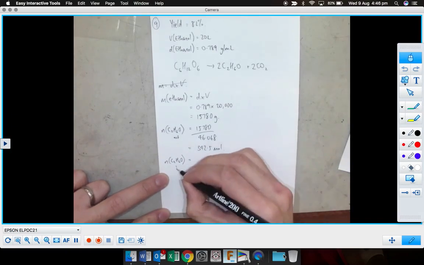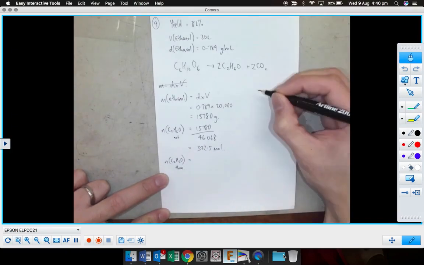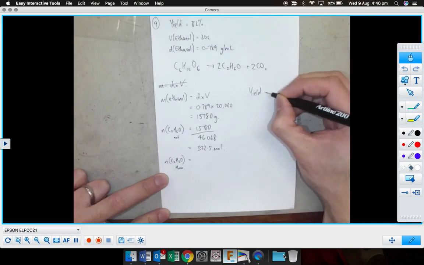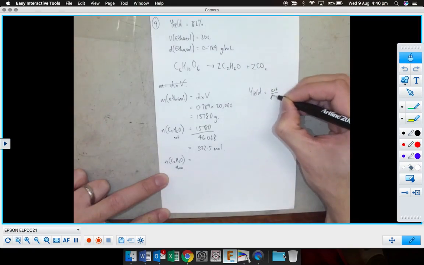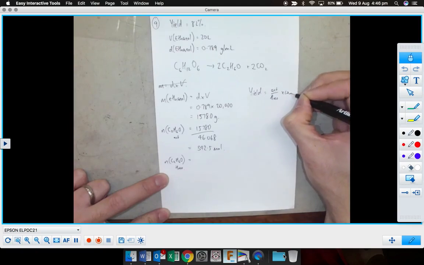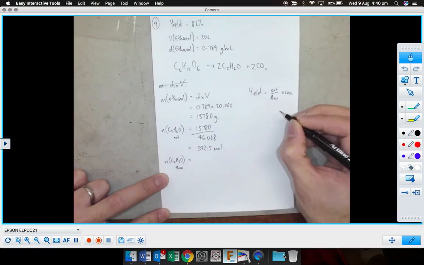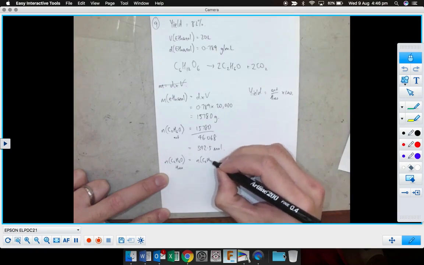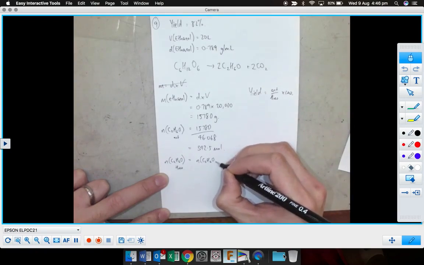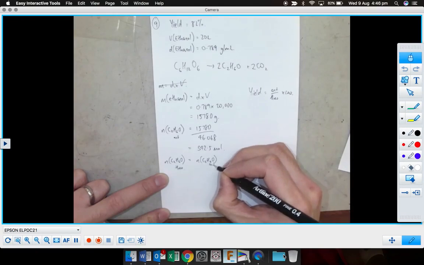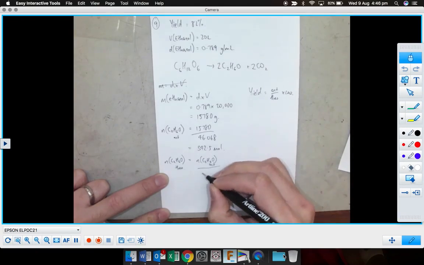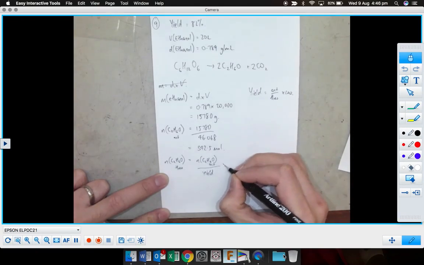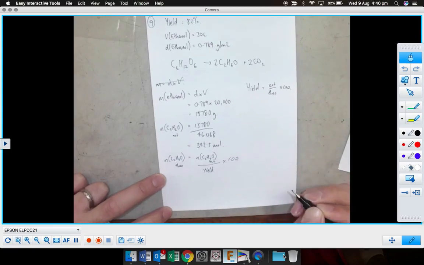So the theoretical, again I have to rearrange this equation: yield is equal to actual over theoretical times 100. So now I want theoretical. So theoretical will be equal to the number of moles of C2H6O actual over the yield times 100.